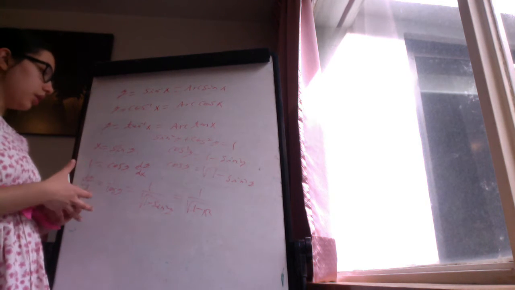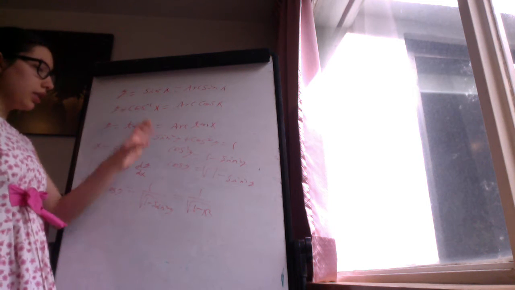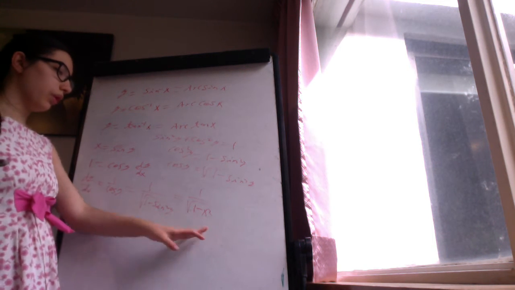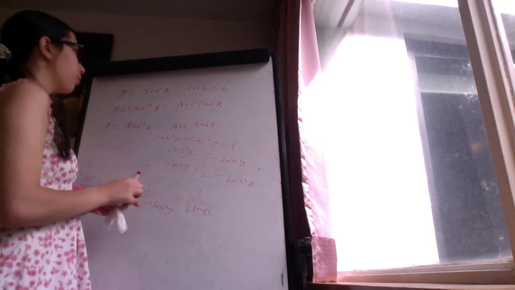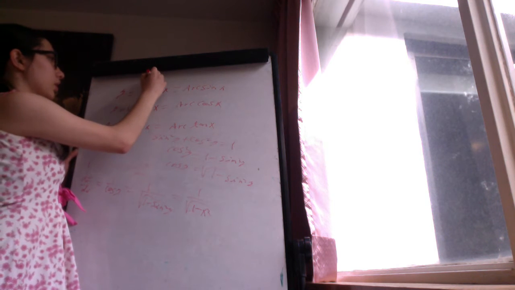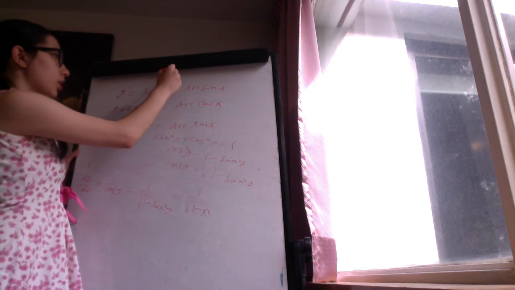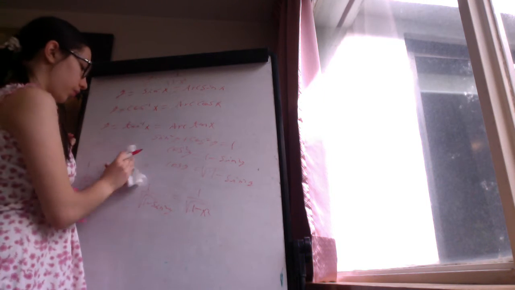So the derivative of the inverse function of sine x is 1 over the square root of 1 minus x squared. Let's say y prime, or dy dx, is 1 over the square root of 1 minus x squared.